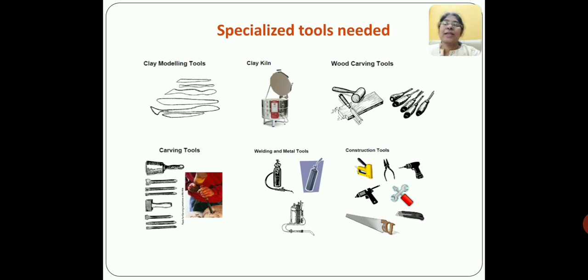And the last is the construction tools. These tools like saw, welding materials, spanner, cutter, are used even for artwork also. These are specialized tools which are needed for an artist.